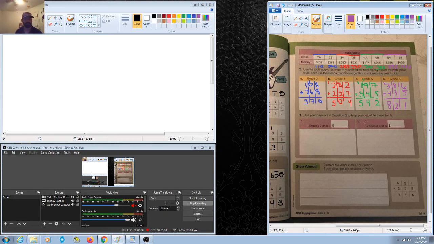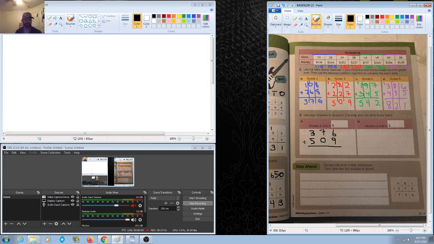Okay? So now it wants us to use our answers in question 2 to help us calculate the totals with adding multiple grades. So we'll go back to black for this. So grade 2 was 376, and grade 3 was 509. So we'll take the sum here.